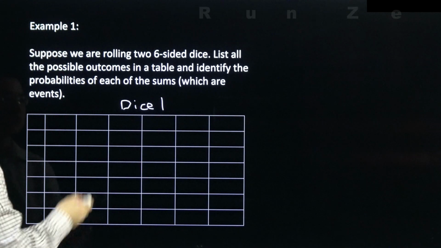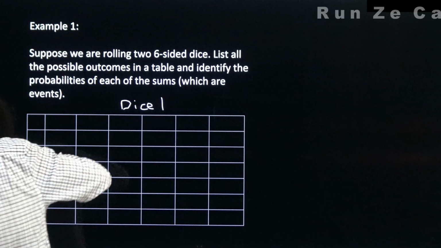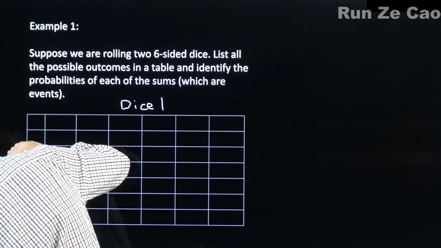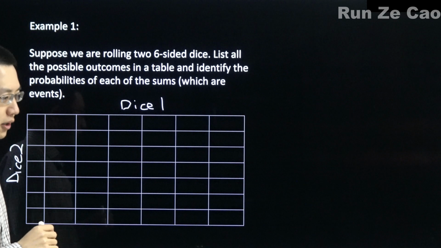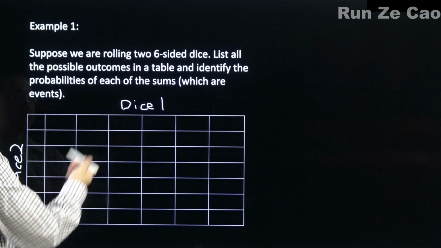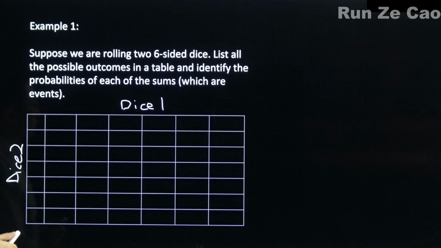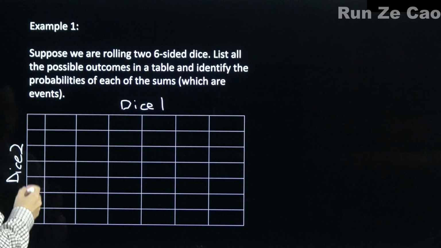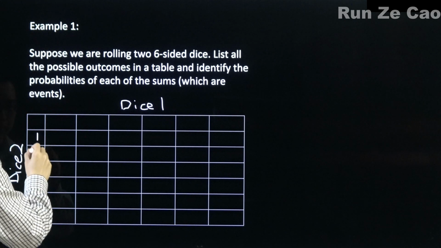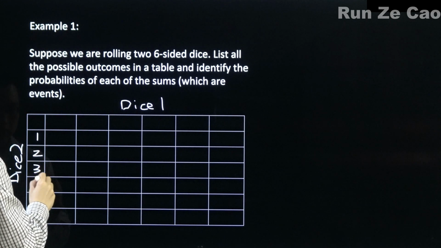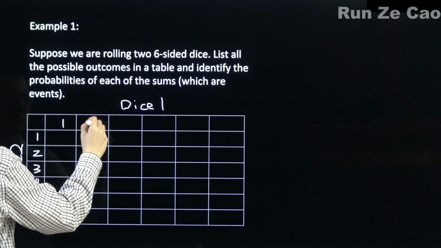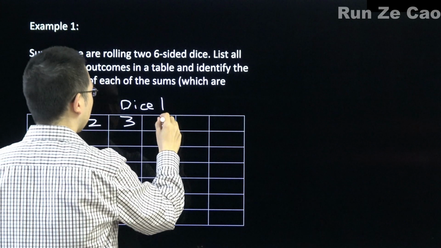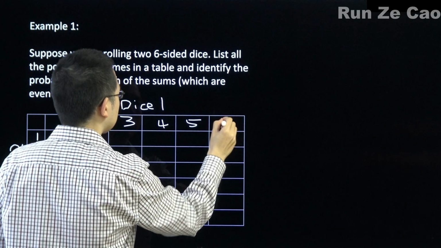Well, technically it should be die 1, but usually in statistics we do not give much of a wooden nickel about the die versus dice distinction. So we could end up with 1, 2, 3, 4, 5, and 6. And here 1, 2, 3, 4, 5, and 6.